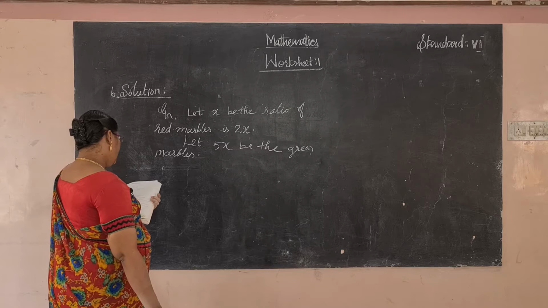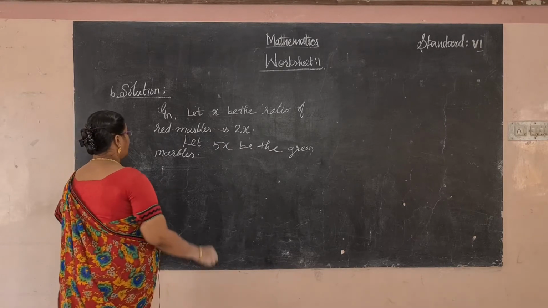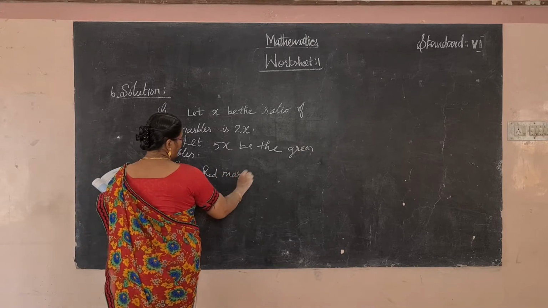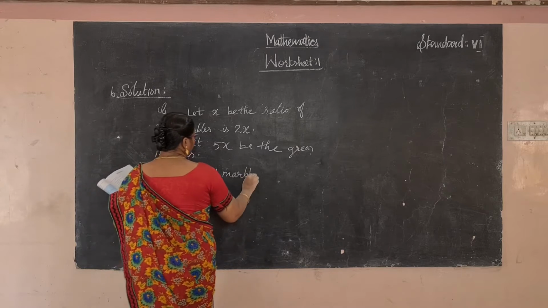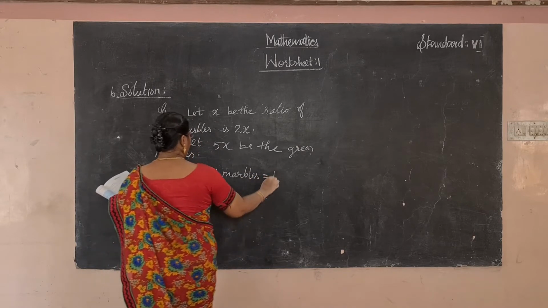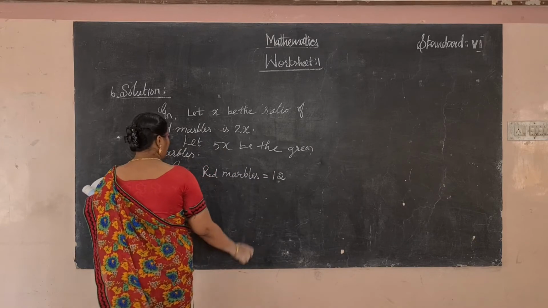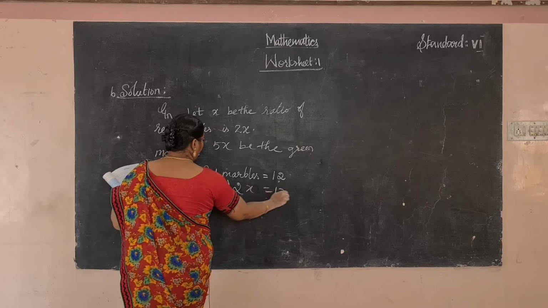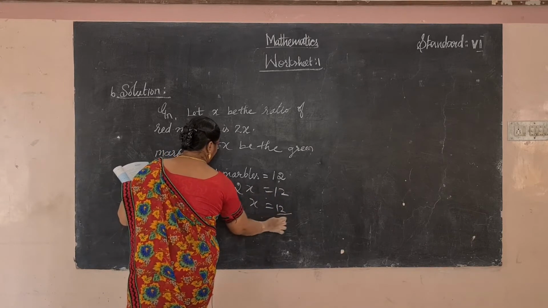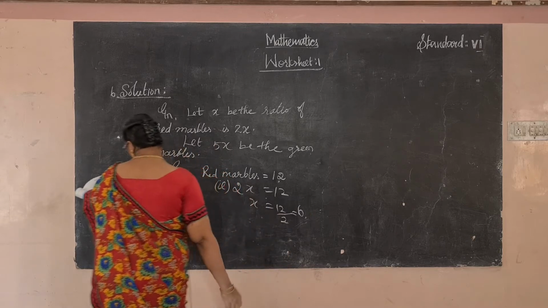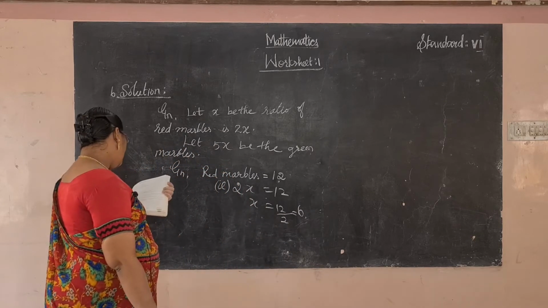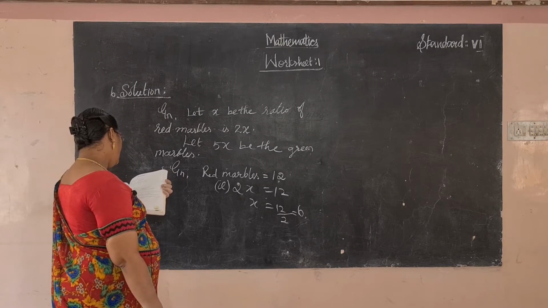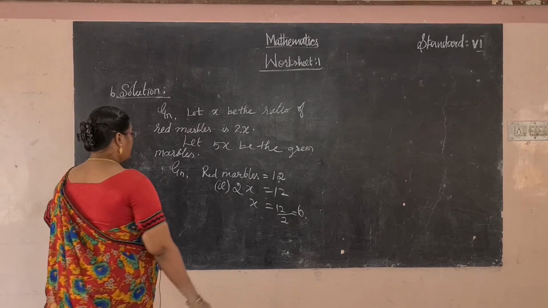If there are 12 red marbles, then 2x equals 12, so x equals 12 by 2. So x value is 6.